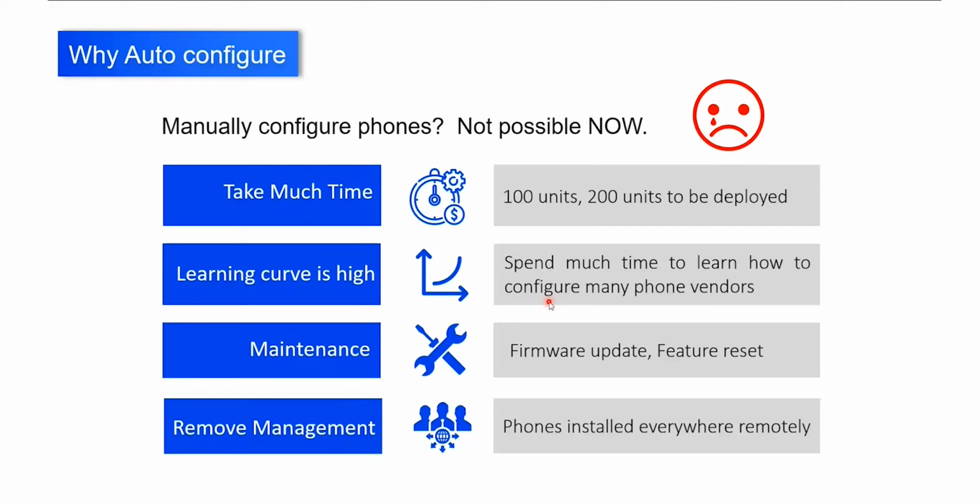The first reason is that it takes much time. If you configure 100 or 200 phones in the PBX, you have to use the auto provisioning tool to configure them.